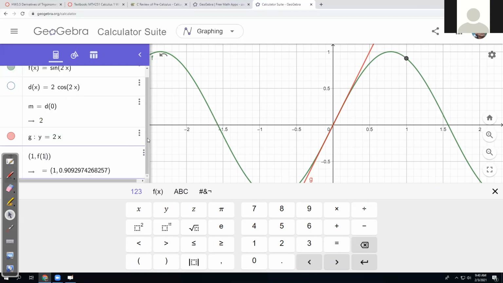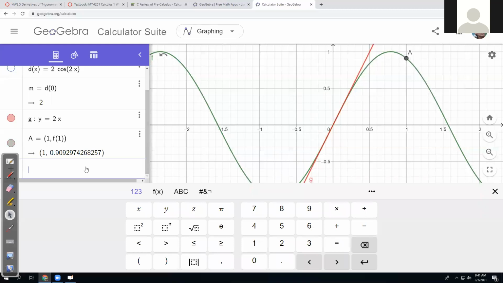And then the tangent line, using the point slope form, is just going to be y minus f of 1, that's the y value at that point, equals my slope, which I have a slope function up here. That's my d of x. So my slope is just d evaluated at 1, d of 1, and then times parentheses x minus x1, which is 1.